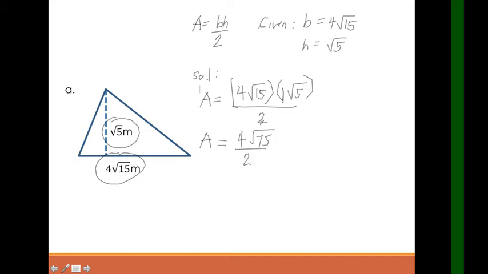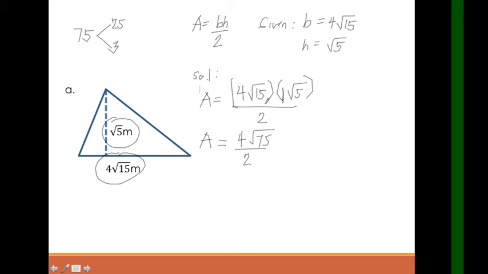Think of a number for 75 whose factors are one perfect square and one not a perfect square. What I am thinking of is 25 and 3. These are the two numbers I am thinking of, 25 and 3. Right? So 25 times 3 is 75.